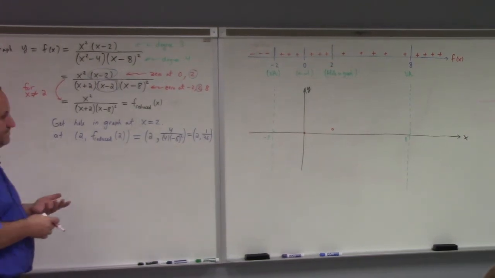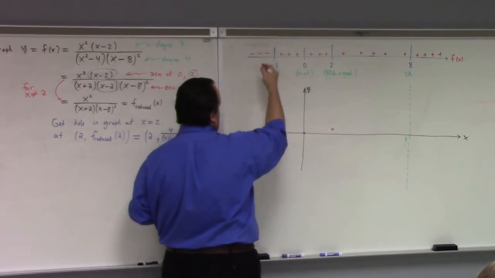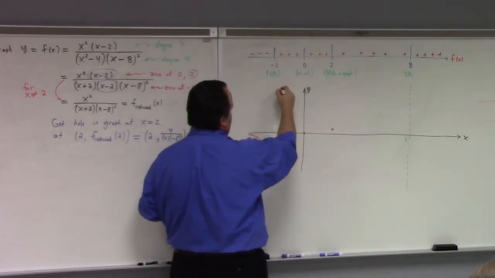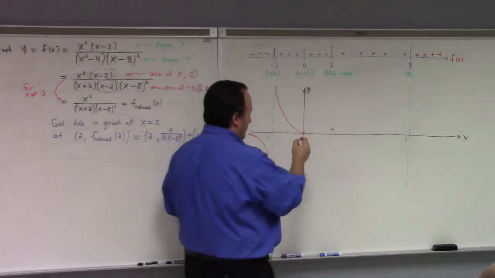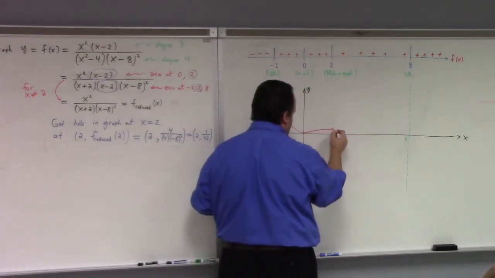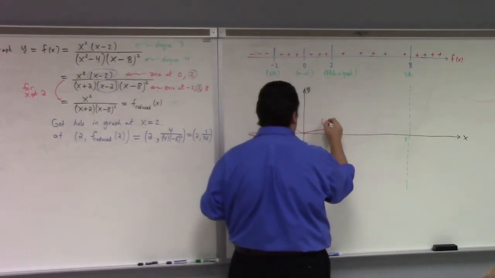And so here it is. We do like this, all right? And then we're positive over here. And then we bounce off the x-axis because it's a square. And then you drift over here to the hole in the graph, which I said was at 2, 1/36.